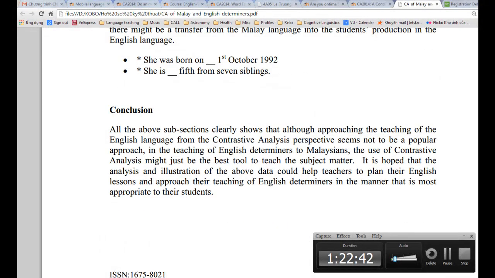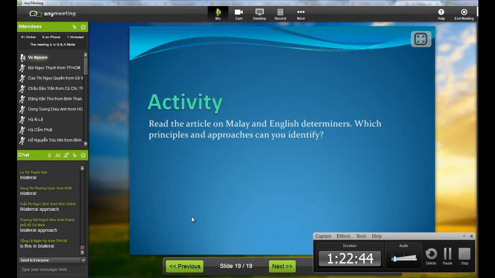This is the bilateral approach of analysis. The start language is Malay, and we see a balance of writing about both Malay determiners and English determiners.